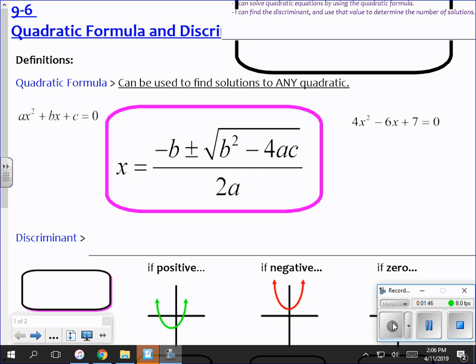Okay, now, it will work every time. There are a few things that you need to be careful of. And you will notice when I do it, I never take shortcuts. My first step is to just write the numbers in the formula. I do not do any simplifying until I've written everything down.